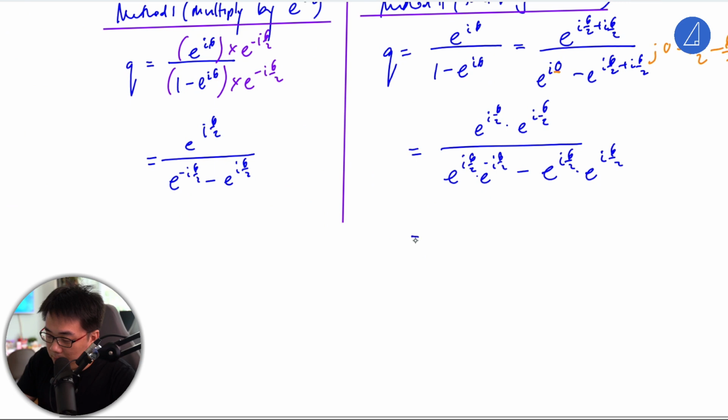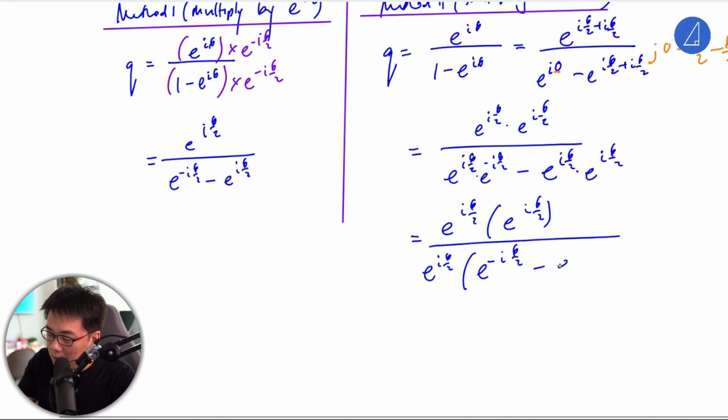Whichever way you're using, just make sure you stick to the one that you're comfortable with, and you get the same expression. Both outcomes are the same.